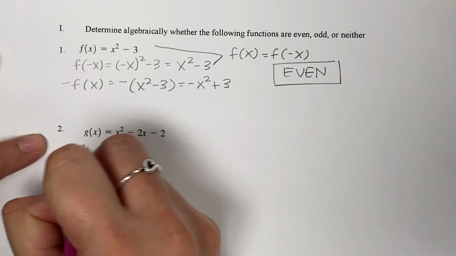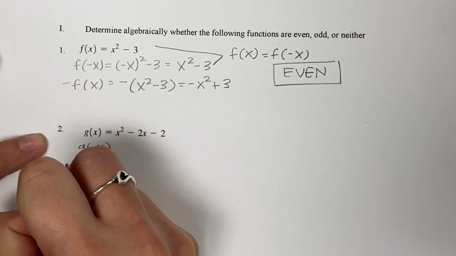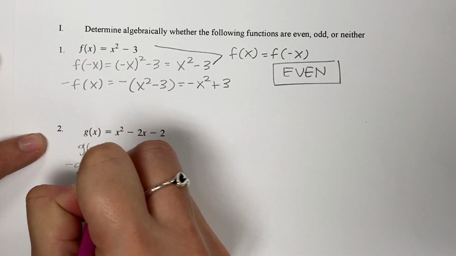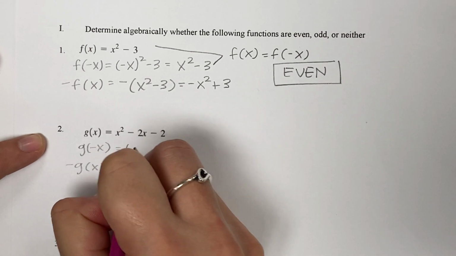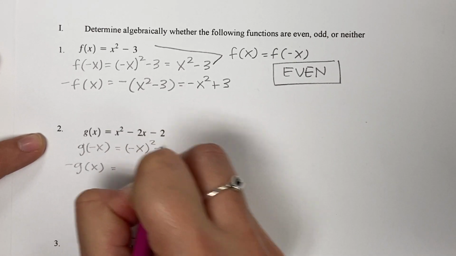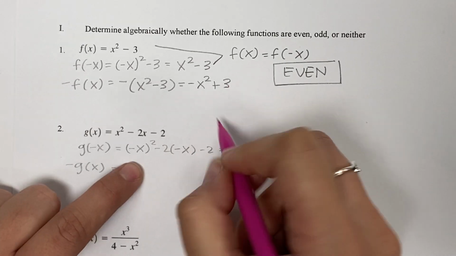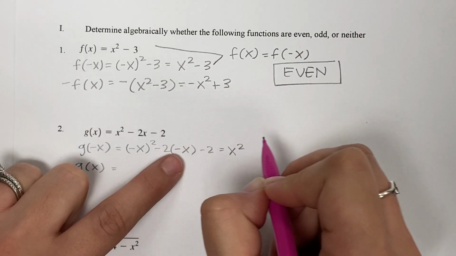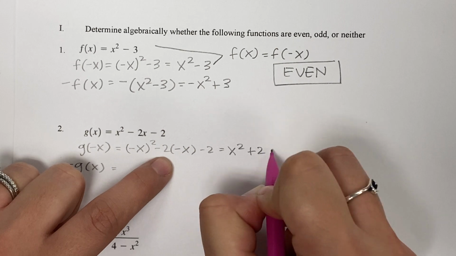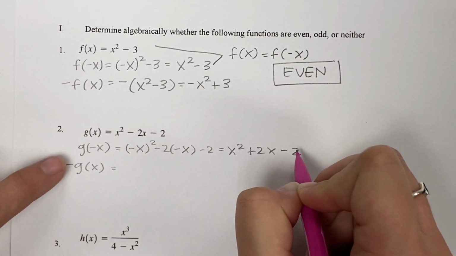So I'm gonna find g of negative x and negative g of x. So let's plug in a negative x here. Negative squared is positive. Two negatives become a positive, minus 2.